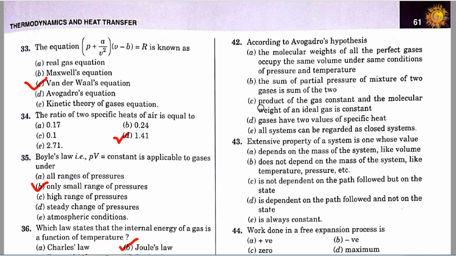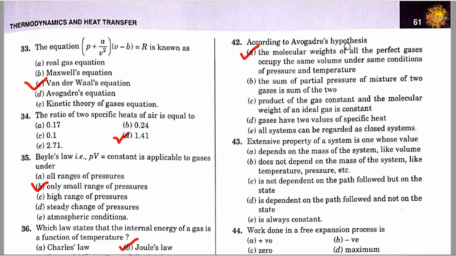Option C, product of the gas constant and the molecular weight of an ideal gas is constant. Option D, gases have two values of specific heat. Option E, all systems can be regarded as closed systems. Correct answer is A.